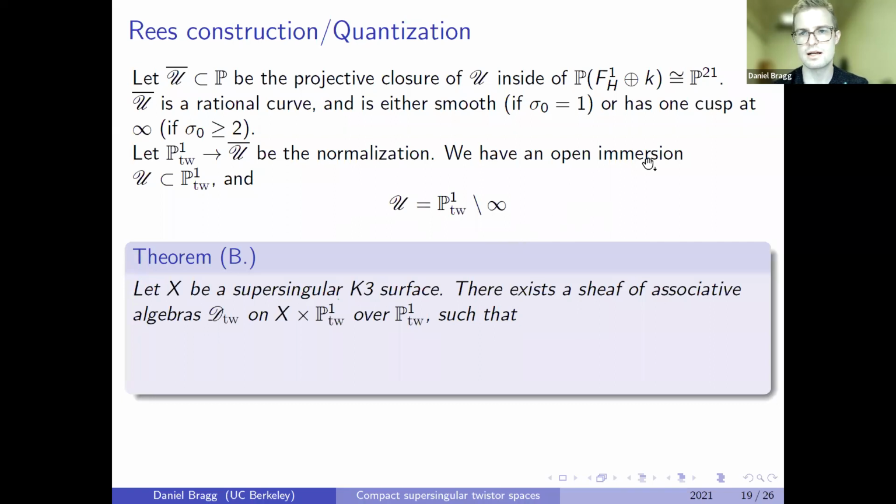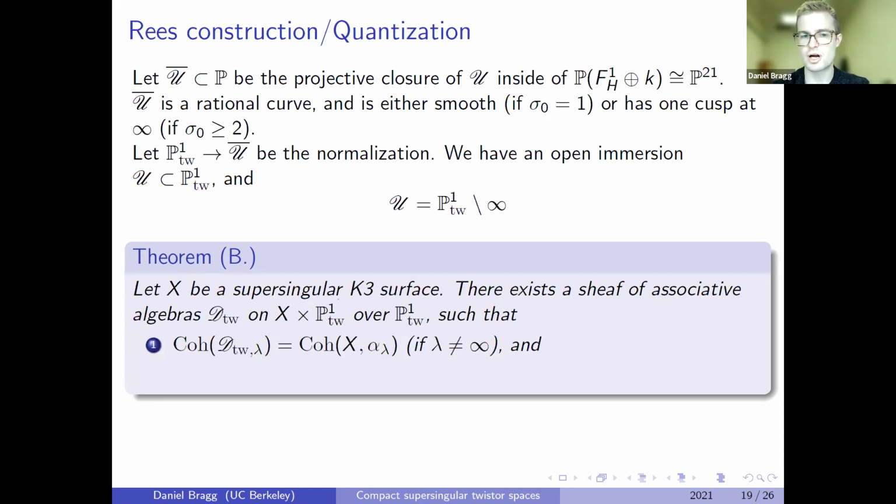Okay, but here's the output of applying a Rees construction in a suitable way. I've already told you how for each point away from infinity, you can get a restricted universal enveloping algebra, which is some kind of sheaf of filtered algebras. You can actually extend that to a flat sheaf of algebras over X cross P1, which I call D sub TW.